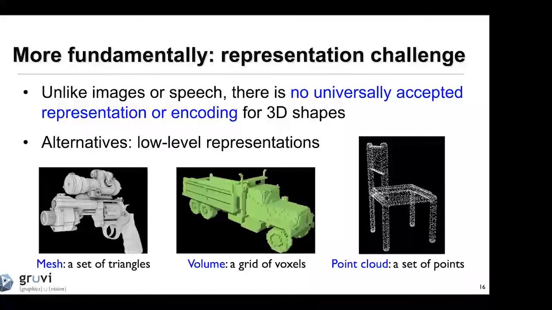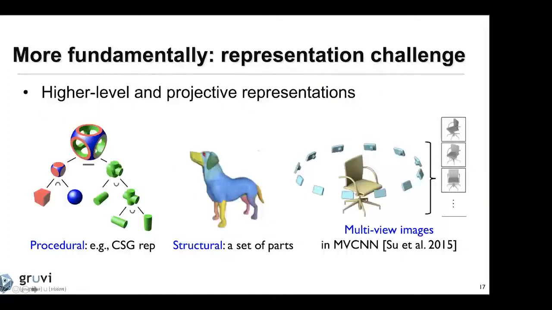And recently, there have been a lot of works on point clouds being the representation for geometric deep learning. And this is just low-level representation. If you go for higher-level representation, you have CSG, which stands for constructive solid geometry, which represents a 3D shape using operations between geometric primitives.